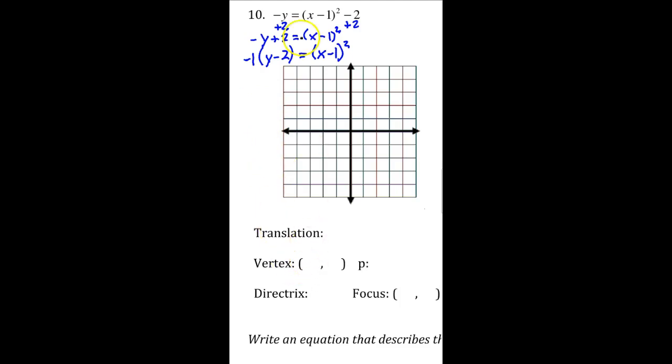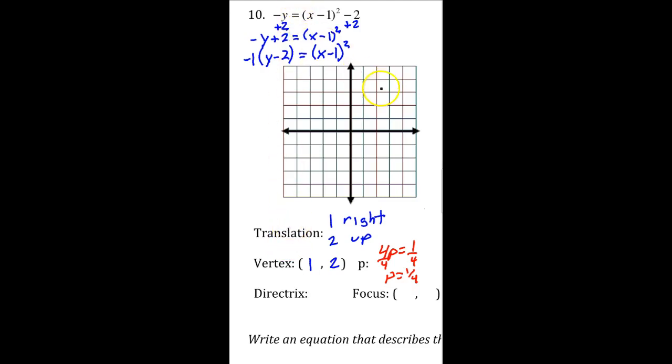So we have a vertex of 1 and 2. So we're going to translate 1 to the right and 2 up. P-value is going to be 4p equals 1, or -1. And so it looks like we're back to, like on number 1 and number 2, having this very, very small p-value of 1/4.